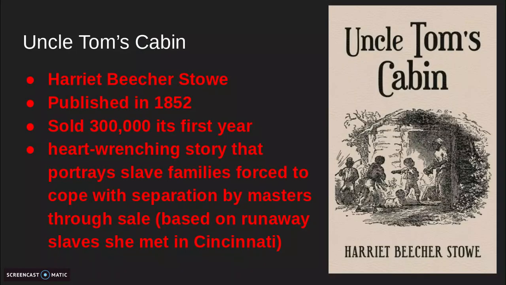So there was a book that came out in 1852 called Uncle Tom's Cabin. And it was written by an abolitionist named Harriet Beecher Stowe. And it sold 300,000 copies its first year.